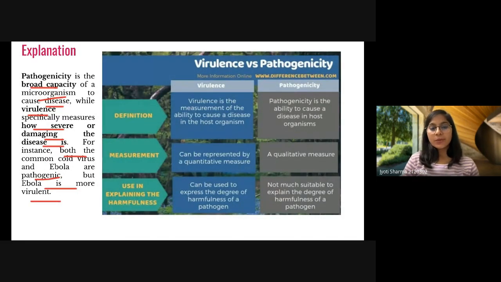Virulence is the measurement of the ability to cause a disease in the host organism. Pathogenicity is the ability to cause a disease in a host organism. You can read more about the difference between these two, but I think it is clear what the difference is between virulence and pathogenicity.